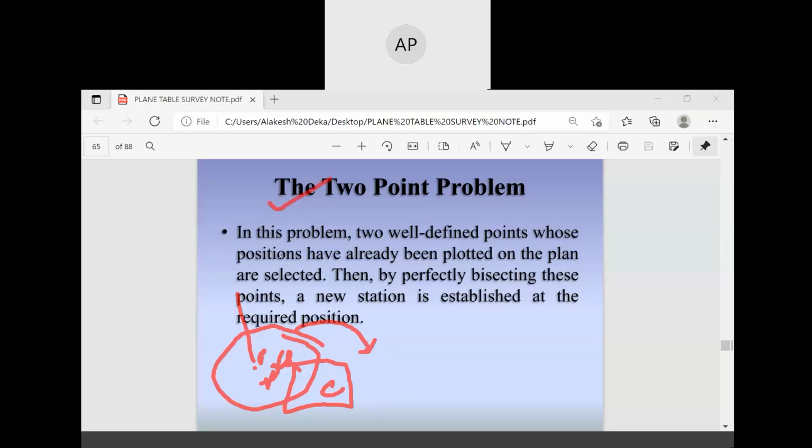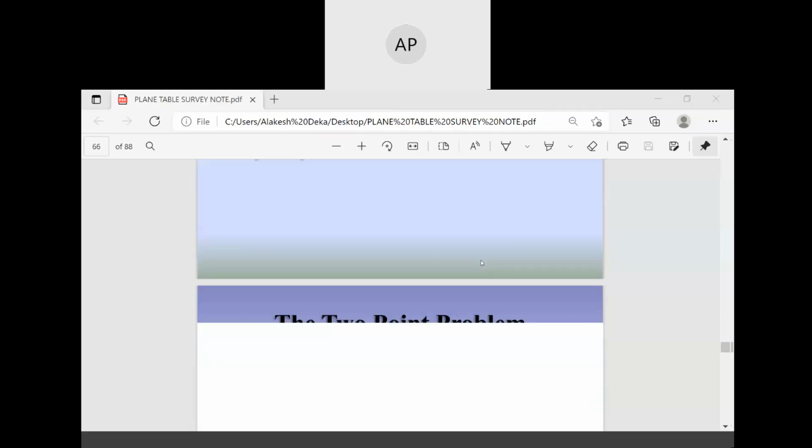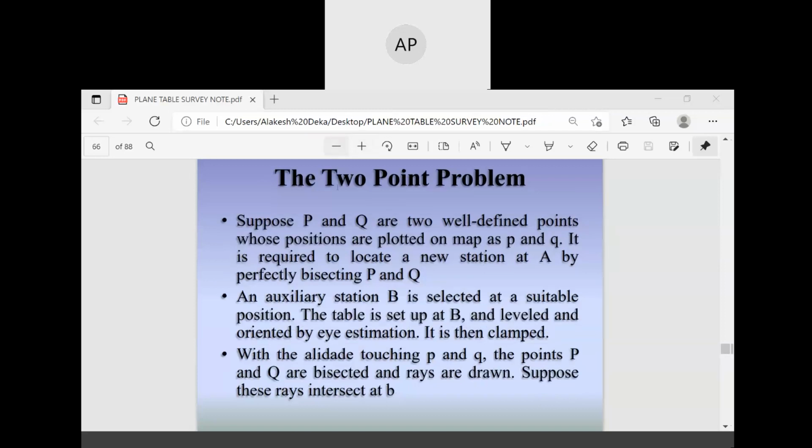So in this problem, two well-defined points whose positions have already been plotted on the plan are selected. Then, by perfectly bisecting these points, a new station is established at the required position. Suppose P and Q are two well-defined points whose positions are plotted on the map as P and Q, isn't it?